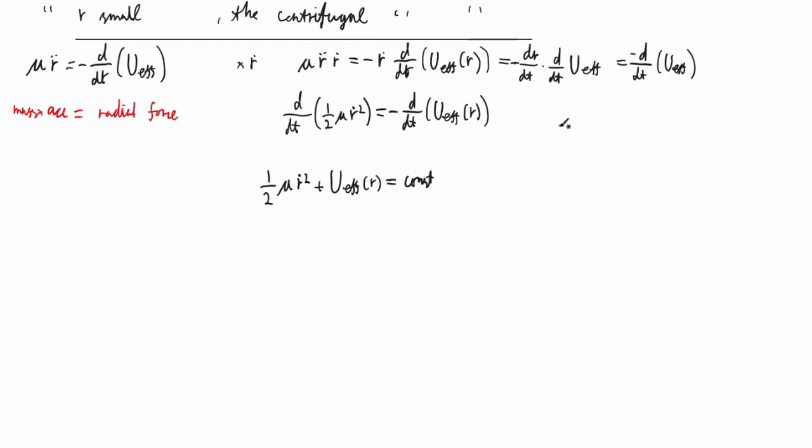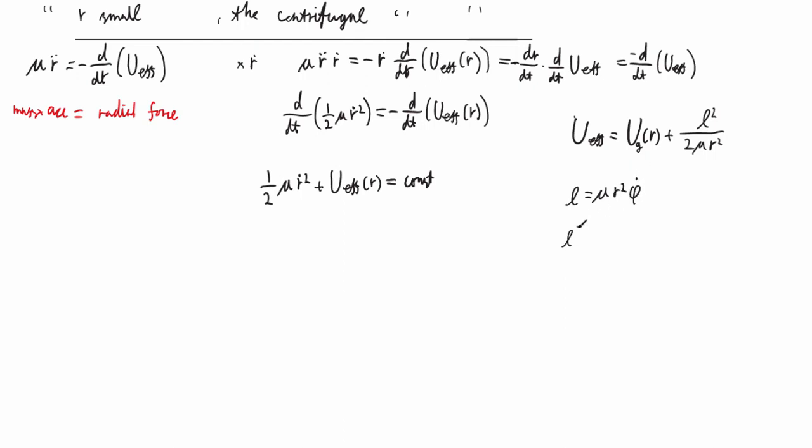Let's remind ourselves what U effective is one more time. U effective is the gravitational potential in this case, plus L squared divided by 2 mu r squared. L here is the magnitude of the total angular momentum, and we know that L is mu r squared phi dot.